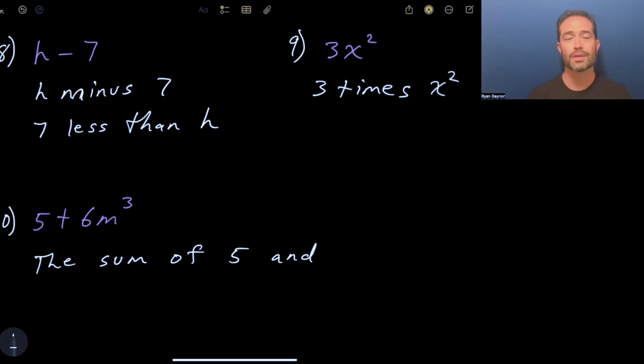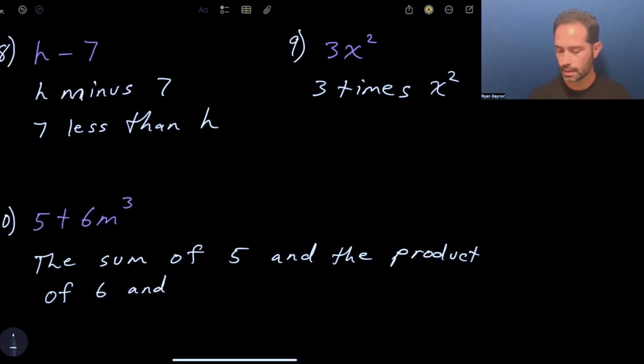Now we have to talk about the multiplication. So we can use another word instead of times, like I did in the last example. We can use product. Okay, so the sum of 5 and the product of 6 and m cubed. Okay, now let's read this one more time. The sum of 5 and the product of 6 and m cubed.